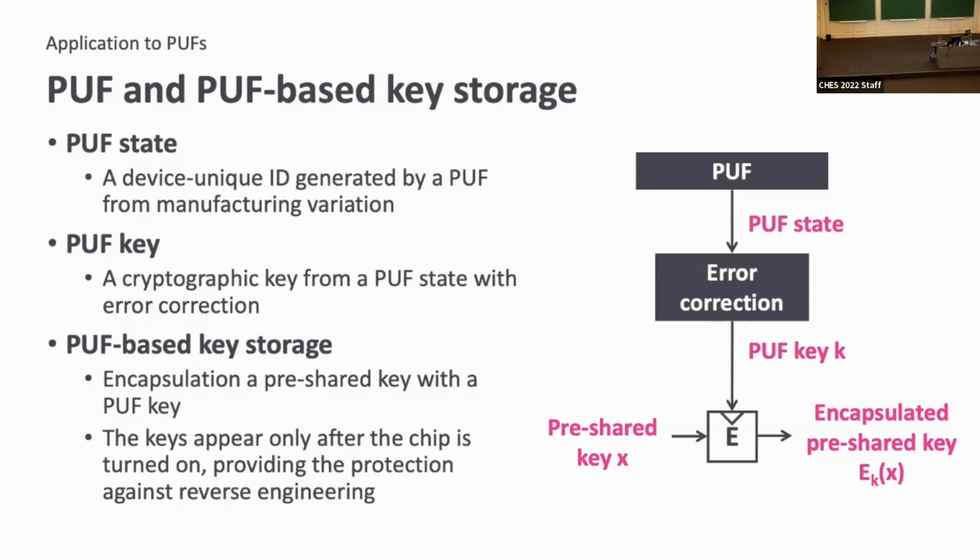Finally, PUF-based key storage is an encapsulation of a pre-shared key with a PUF key. PUF-based key storage is one of the most important PUF applications. The keys appear only after the chip is turned on, providing protection against reverse engineering attacks.